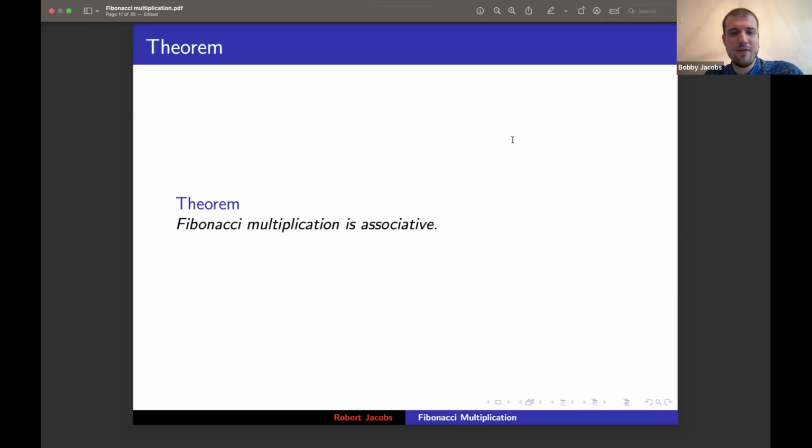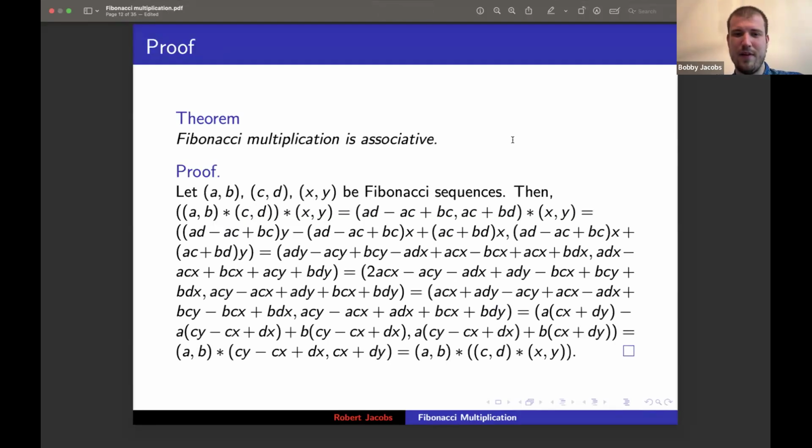We can also prove that Fibonacci multiplication is associative. Basically, for any (A,B), (C,D), and (X,Y), ((A,B) times (C,D)) times (X,Y) is the same as (A,B) times ((C,D) times (X,Y)).